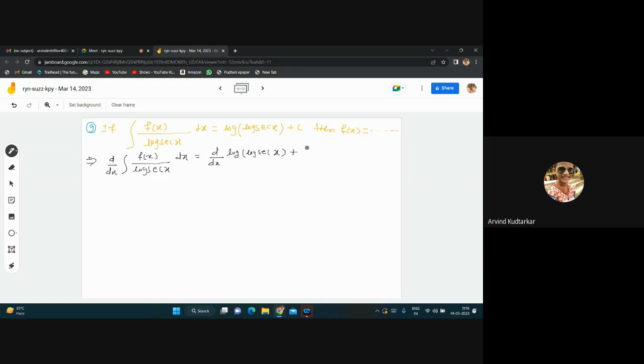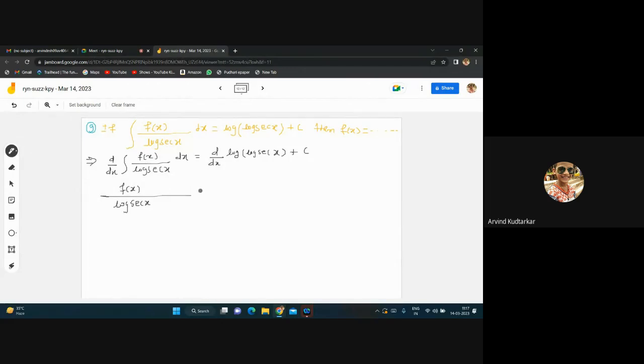So d by dx of integration, they are opposite to each other, they will cancel, and we get only f of x upon log of sec x.